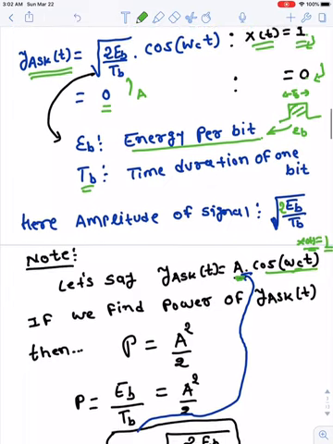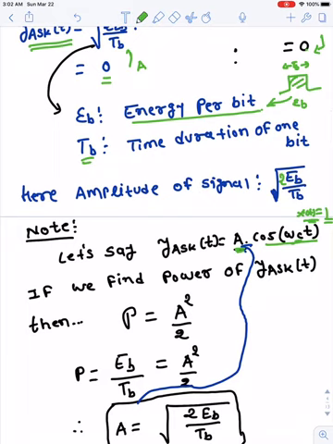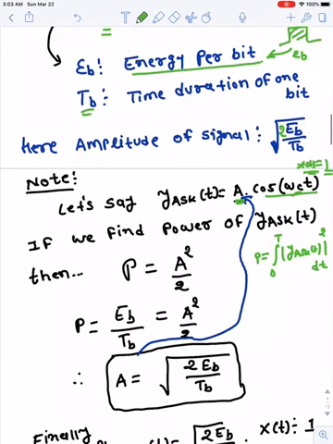Now if we find the power of the signal, we have an equation to find the power, which can be simply defined as the integral from 0 to T of the signal, here y ASK of t, taking the absolute value square, with respect to t. That way you can find the power. If we find the power in this way, since this is a cosine waveform, the power can be found as A square by 2.